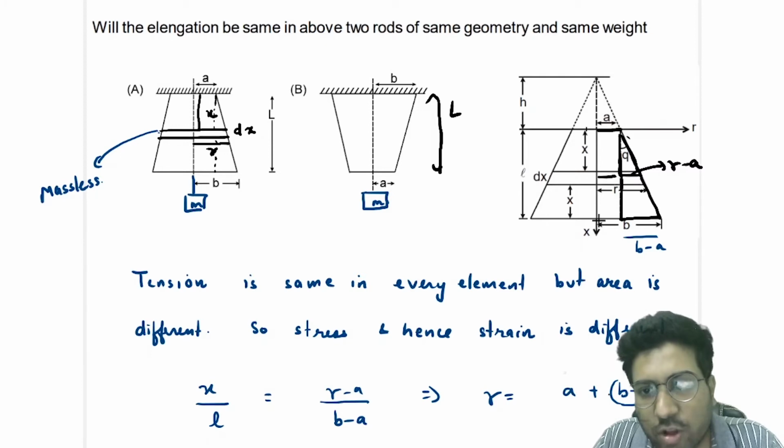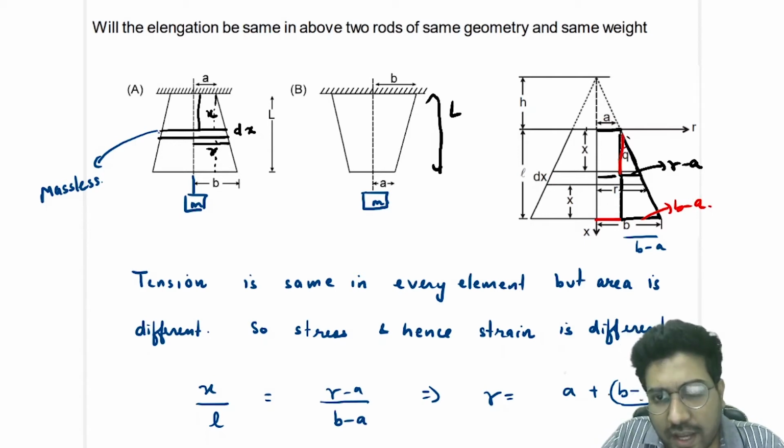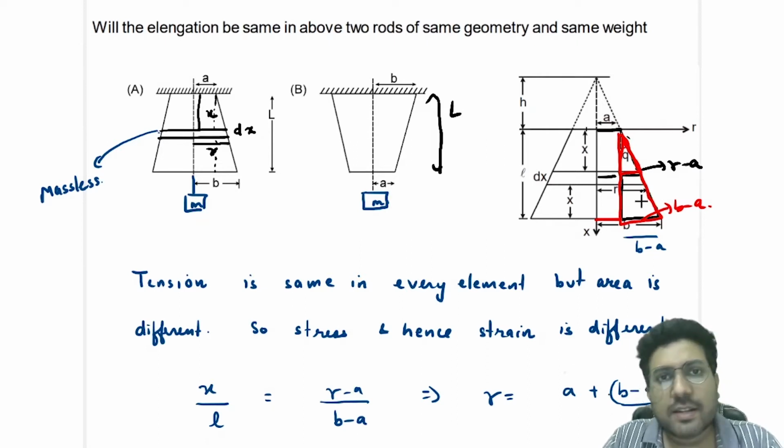Similarly, because this length is a, this length is b, so this length is b minus a, and this triangle is similar to this triangle. If these two triangles are similar, you know that in similar triangles the ratio of sides are same.